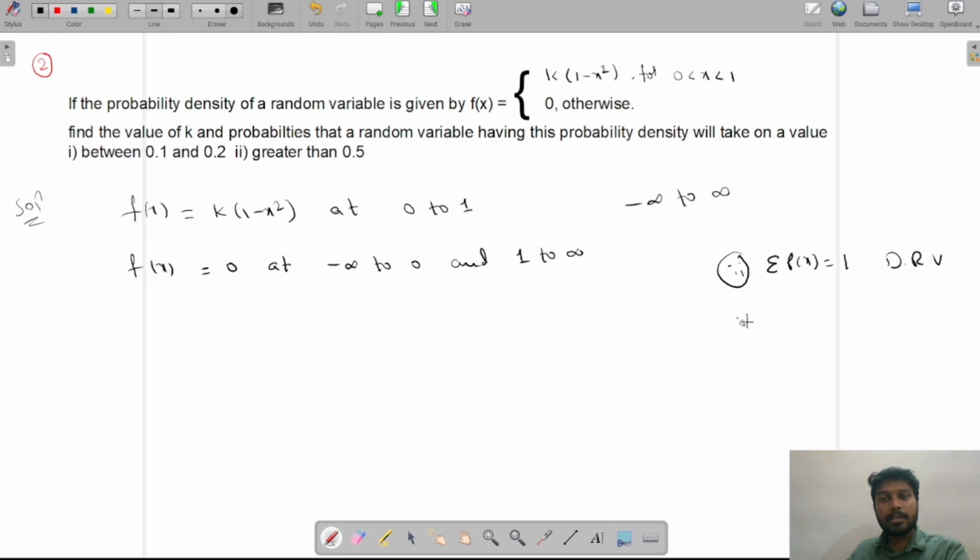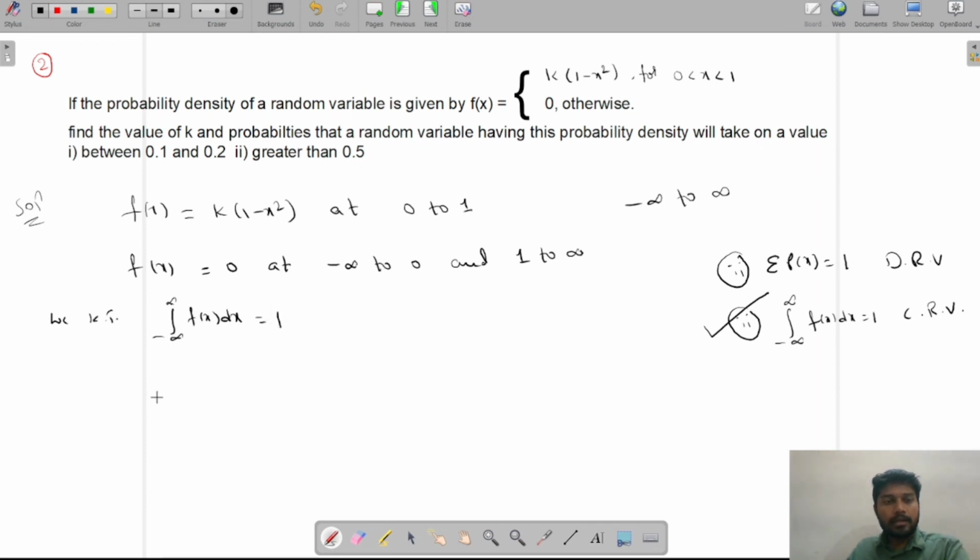So what will be the second property of continuous random variable? Integration minus infinity to plus infinity f of x dx equal to 1. This is the second property of continuous random variable. So my question belongs to continuous random variable, right? So that's why I will take the help of the second property of continuous random variable. Okay, right. So we know that integration minus infinity to plus infinity f of x dx equal to 1.